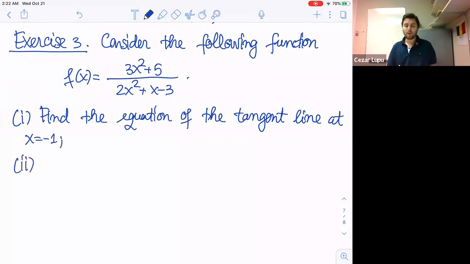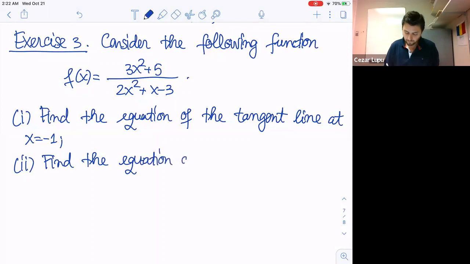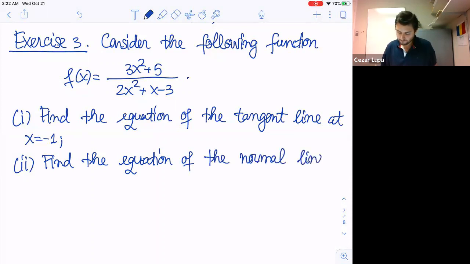The second part is to find the equation of the normal line at x equals -1. Okay, so this is the problem. Well, both of them will involve computing the derivative of this, right?